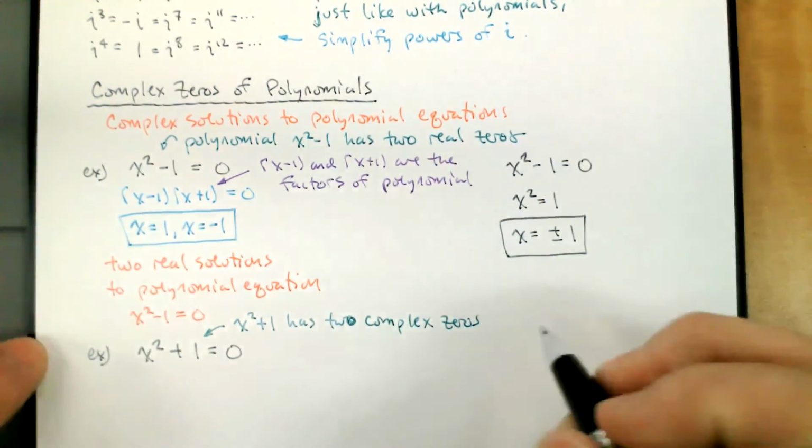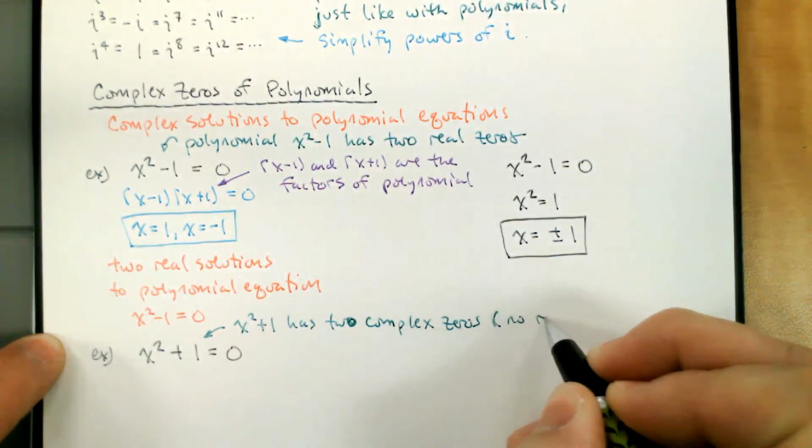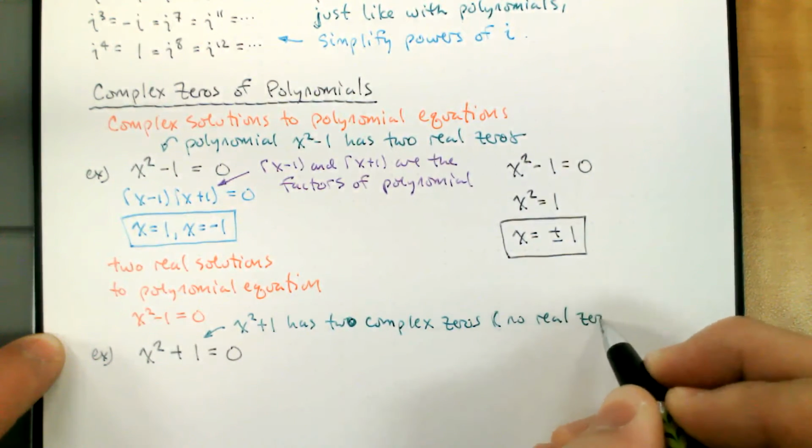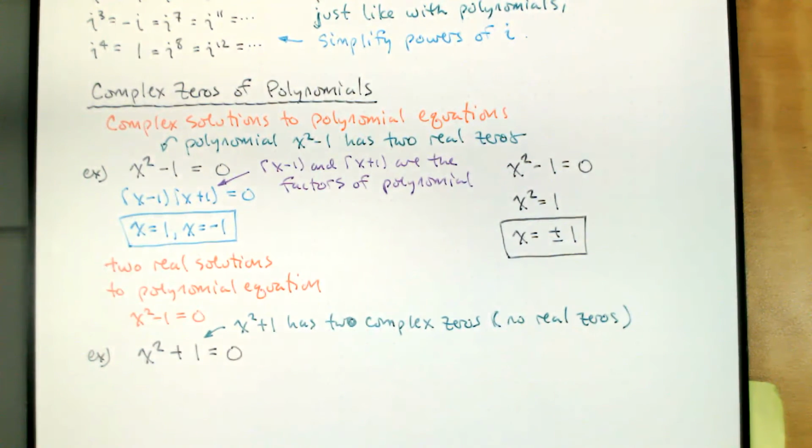It has no real zeros. This solution will have complex solutions, but no real solution.